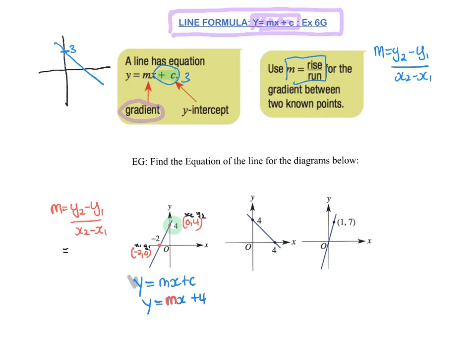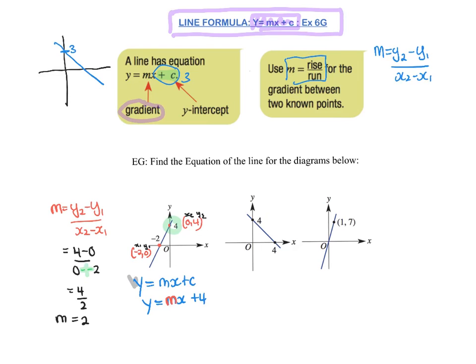We're going to substitute those values in. So I've got 4 minus 0 over 0 minus a minus 2. Now just remember, this minus and a minus becomes a plus. So we have 4 over plus 2.